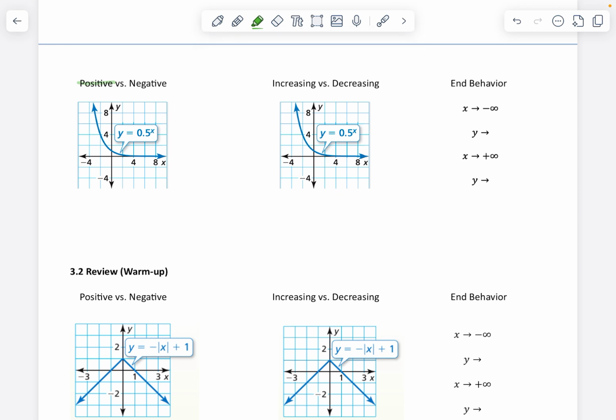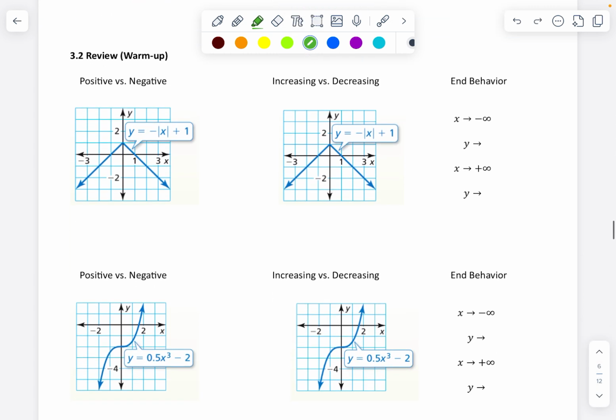We'll do green and yellow. So this one is all positive. Actually, here's the warm-up. So we'll go positive, negative.